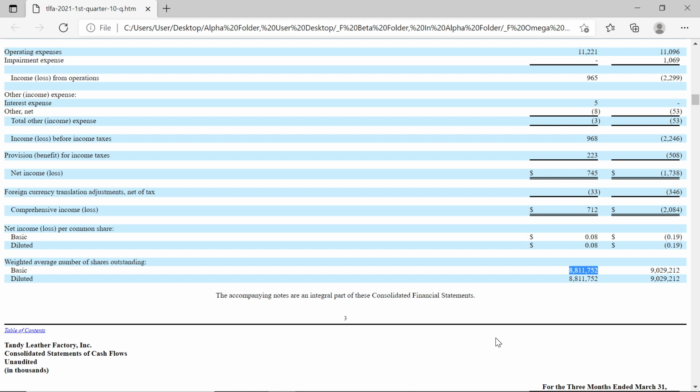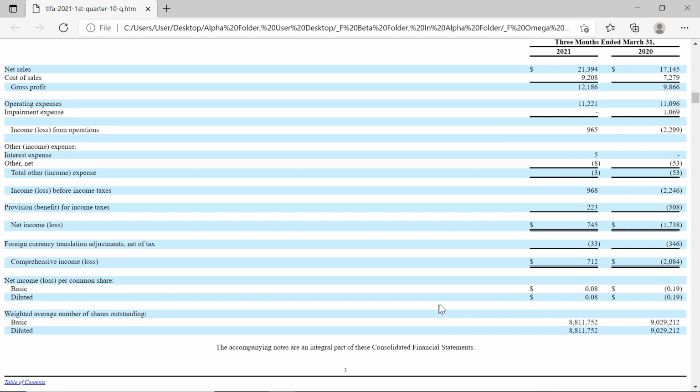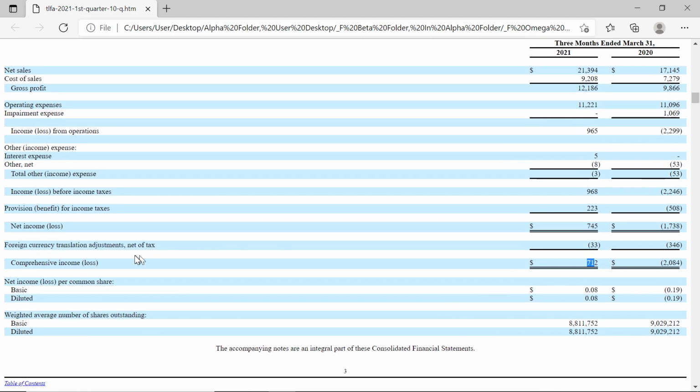Okay, but we actually know that the shares are lower than that. We'll see that number later. The shares outstanding are lower than this, but this is simply an average of the shares over the 3-month period. And in the middle of those 3 months, they bought back stock. So it's actually now 8,666,000 shares.